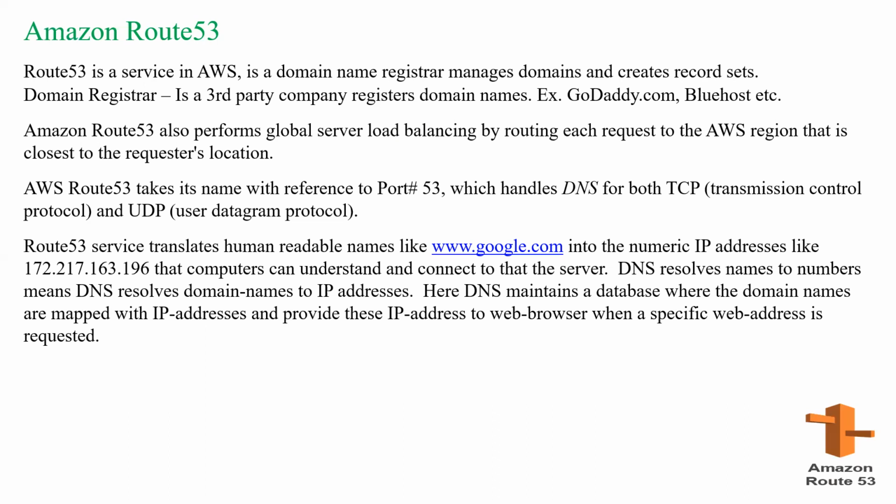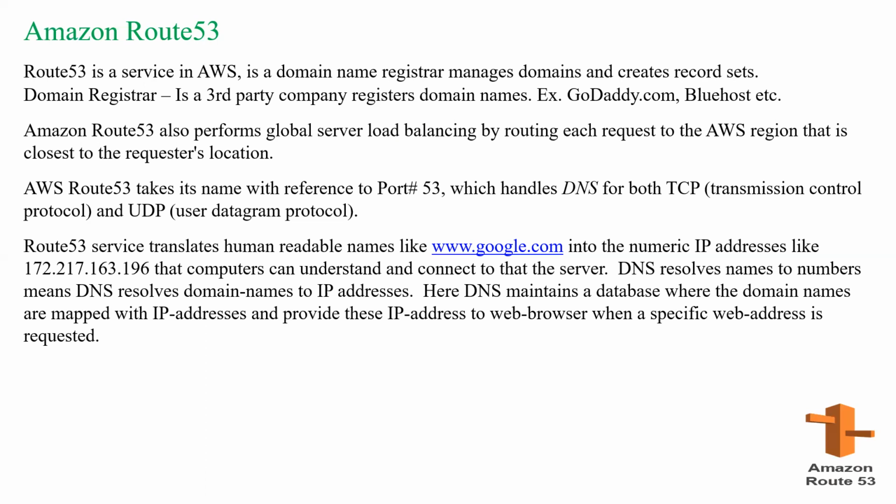So this DNS server will convert this google.com. It will have its own database. In the database, it will have the domain name, and right in front of it, the IP address allocated or attached to that web address, domain name. So it immediately picks up that IP address and provides it to your browser.